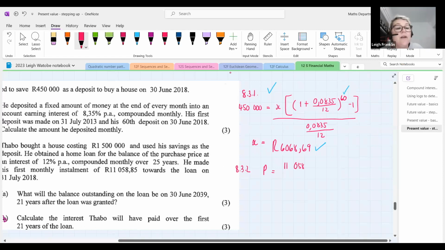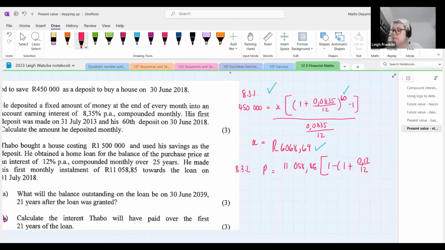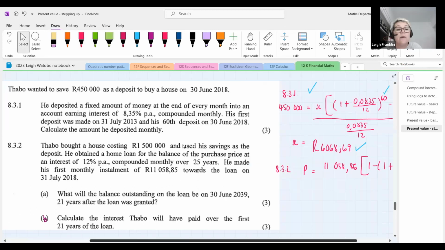His interest rate is 12% per annum, compounded monthly. How many payments will he still need to make? That's what we need to work out now.